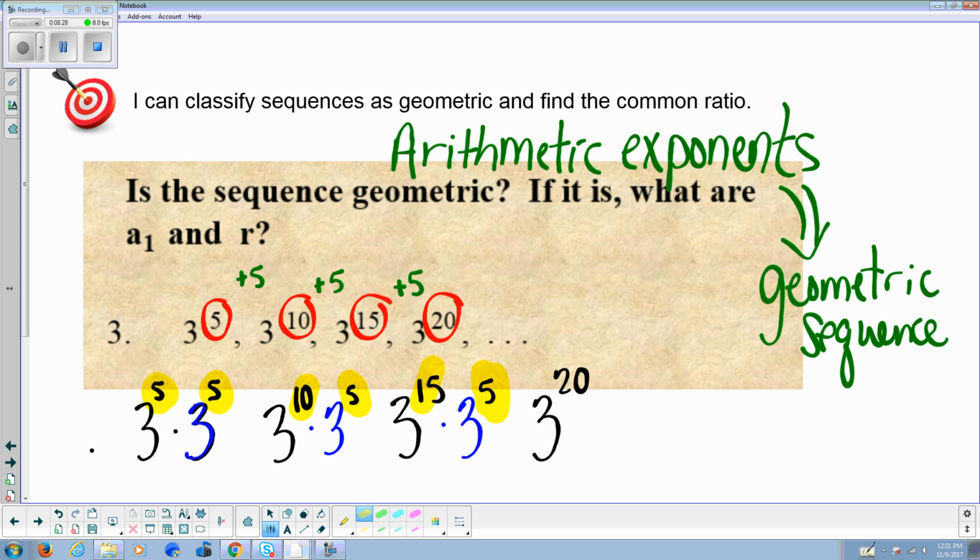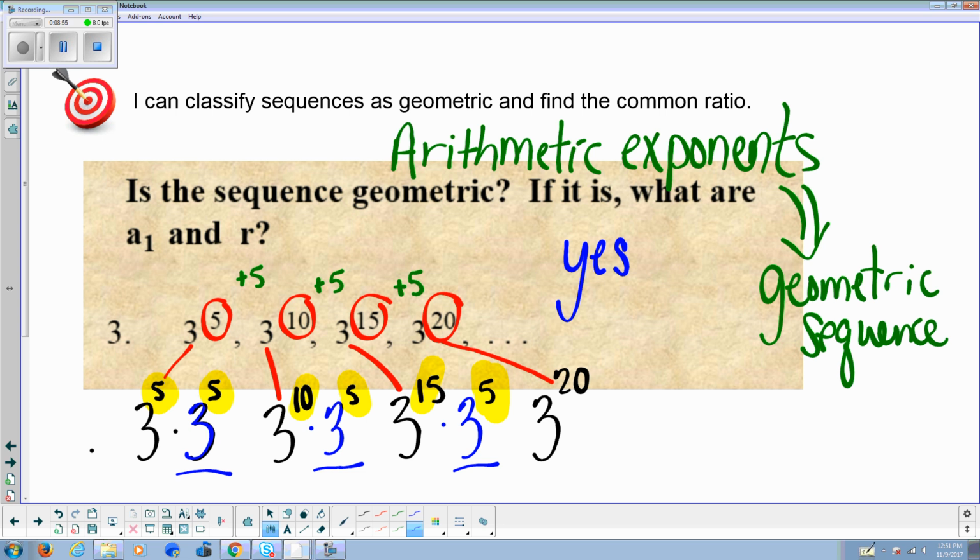So if we look, there's my first term, there's my second term, there's my third term, there's my fourth term. How did I get from one term to the next? I multiplied each time by 3 to the 5th power. So I would say yes, this is geometric.